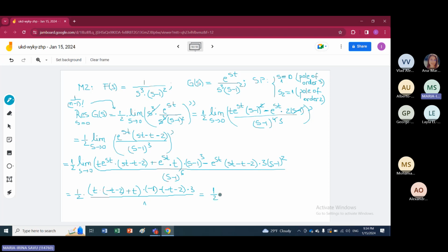So we get 1 over 2 times: minus t squared minus t times minus 1, this is t squared plus t. This one is t squared plus t. And you have a plus from here, 3t plus 6. This is t squared plus 4t plus 6. This is the residue in s equals 0.